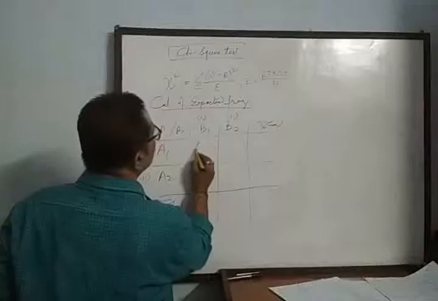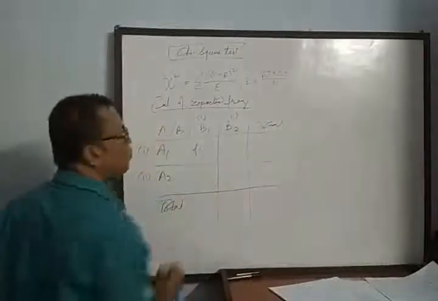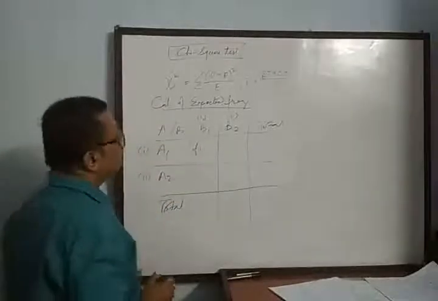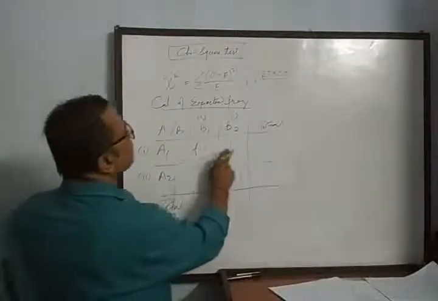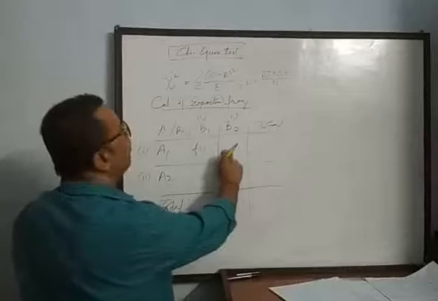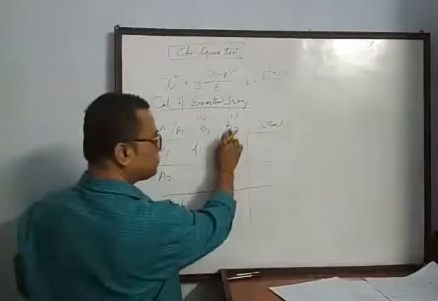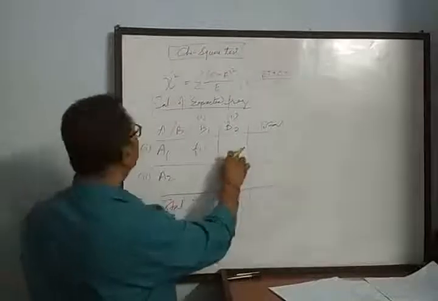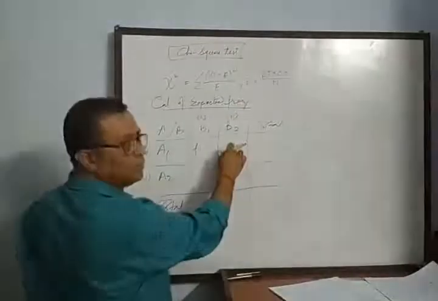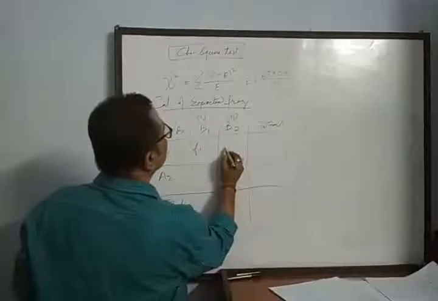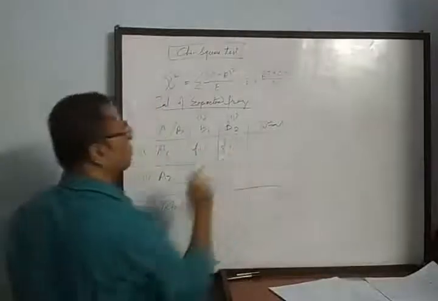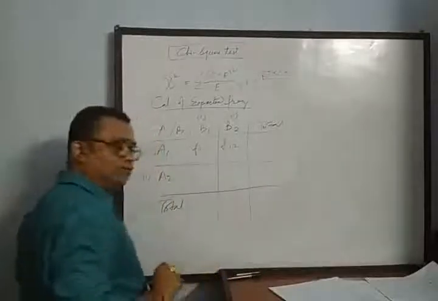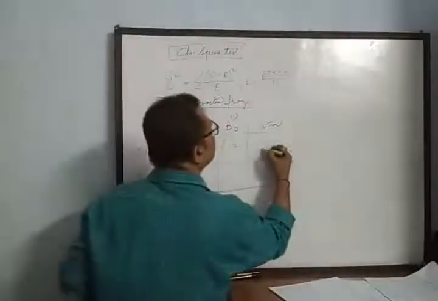It is frequency 1.1 and this will be frequency 1.2, and the total of this row will be N1.